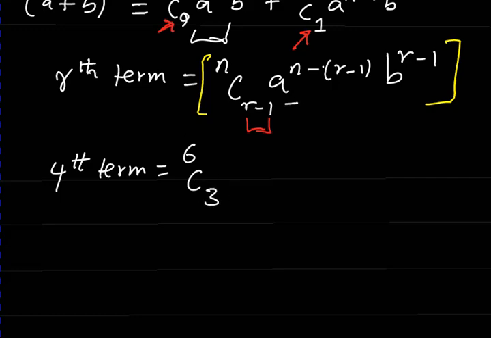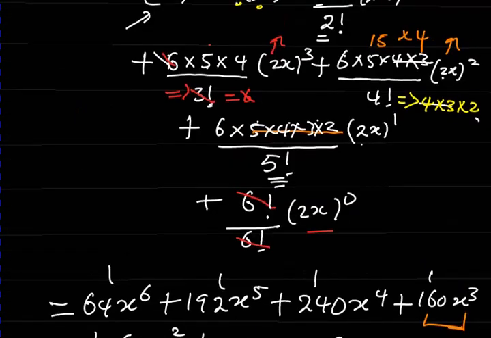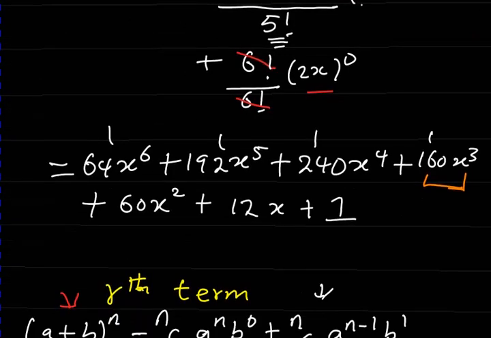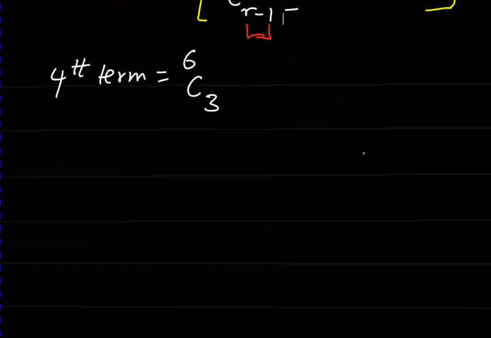Then we have a raised to the power n. Remember the expansion was 2x plus 1, so our a is 2x. So that's going to be 2x raised to the power of n minus (r minus 1), whatever you see here at this subscript, so that's 6 minus 3.